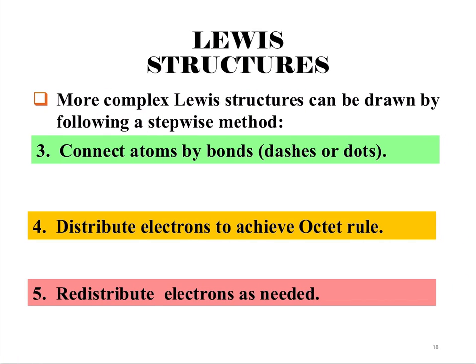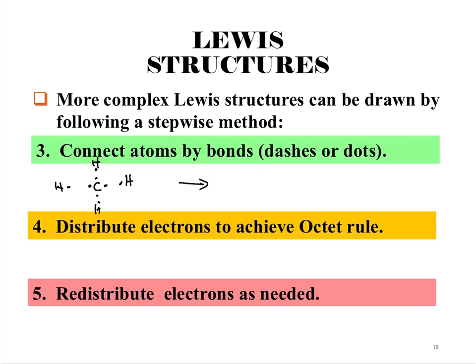And then, once you draw your skeleton structure, you're going to connect the terminal atoms to the central atom, right? So if you have something like the molecule that we had before, CH4, this is our skeleton structure.